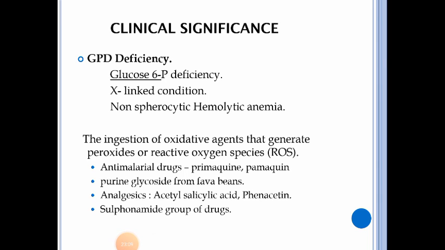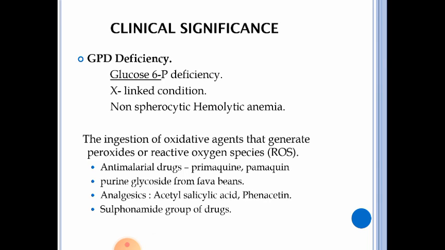The ingestion of oxidative agents that generate peroxides or reactive oxygen species. When we take these drugs and other toxins, it causes the release of oxidative agents that generate peroxides and reactive oxygen species, ROS. All these peroxides and ROS are causing lysis of the cells.